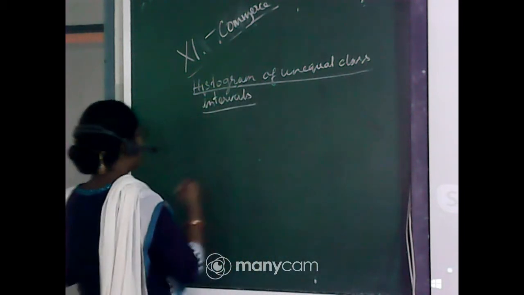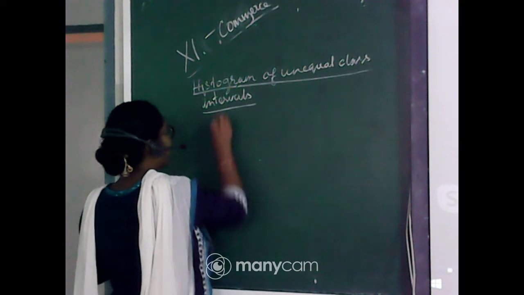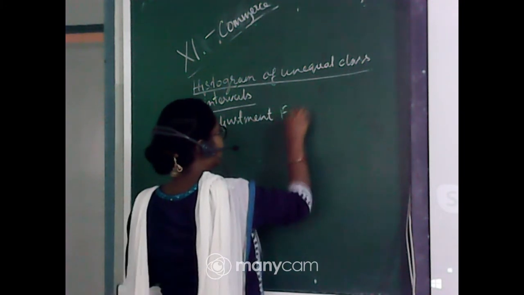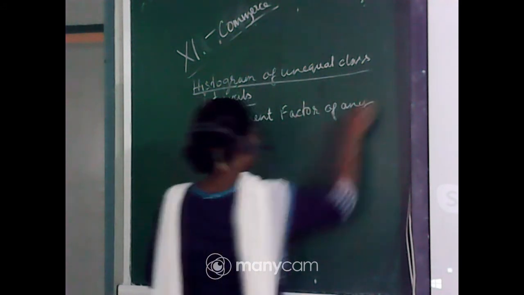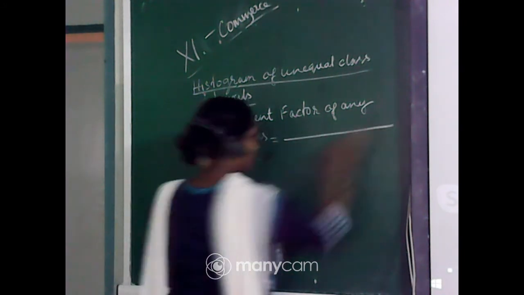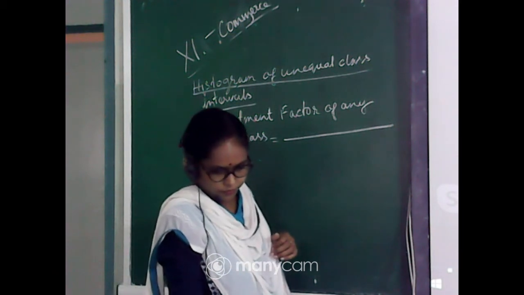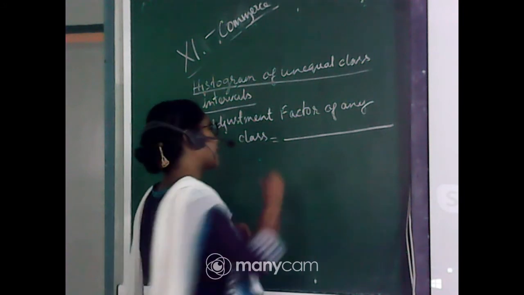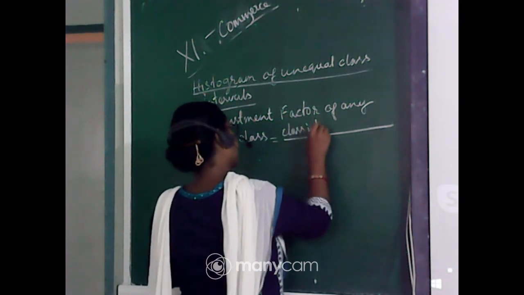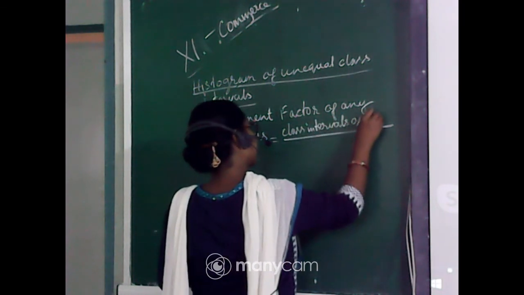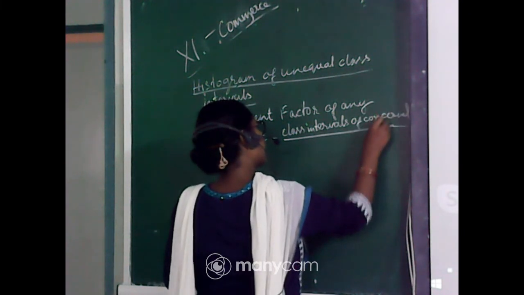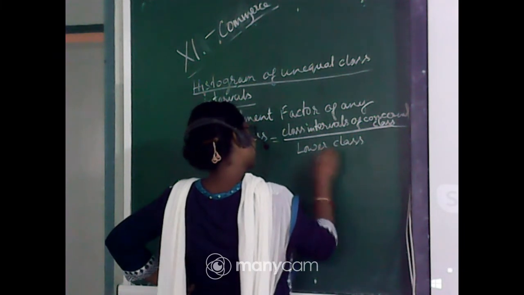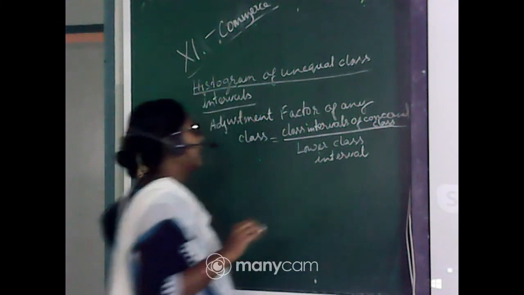Write this down, there is one formula: adjustment factor of any class equals class interval of the concerned class divided by the lower class interval.